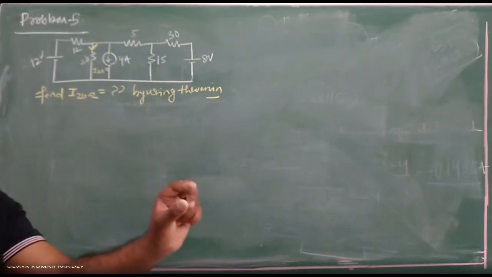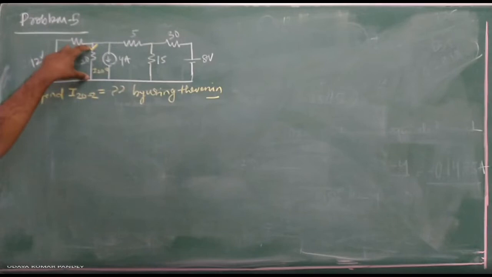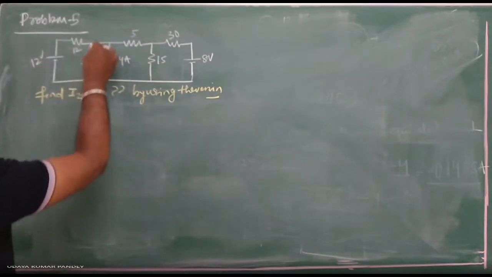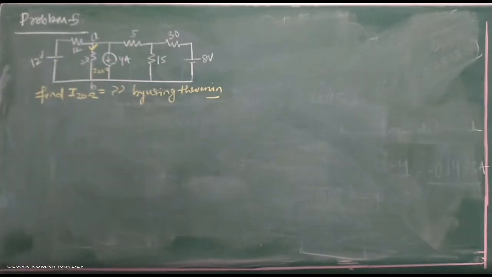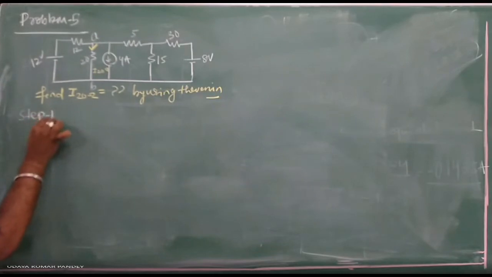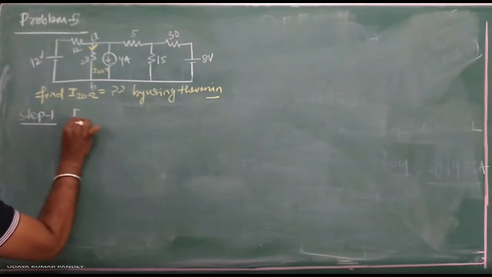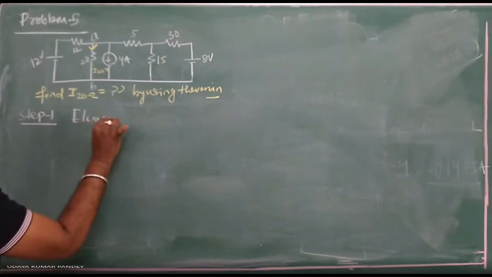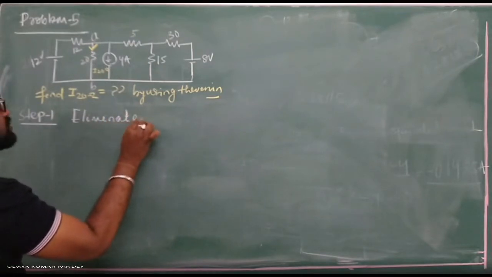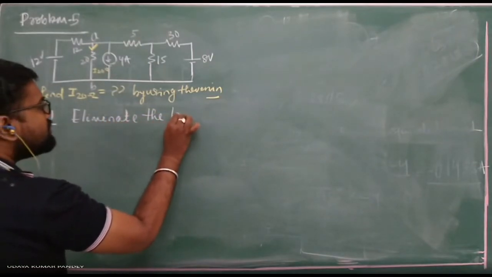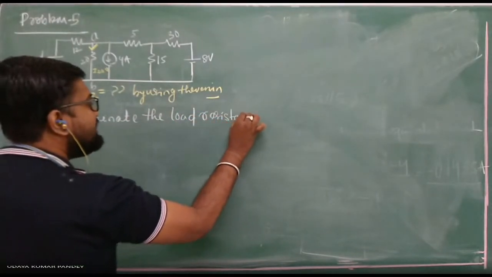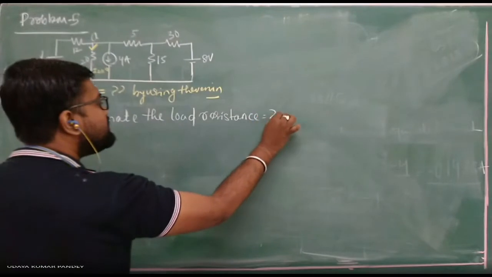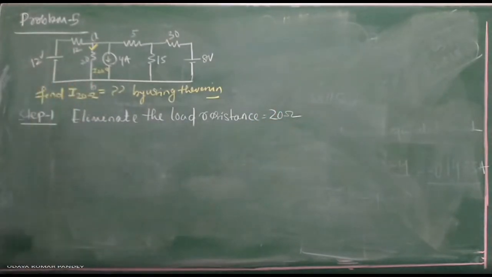पहले स्टेप 1 में मैं इसको एलिमिनेट करूंगा। अभी मैं इसमें करंट पूछा हूं तो ए पॉइंट और बी पॉइंट ये दोनों हो जाएगा, हाँ कि नहीं? तो स्टेप 1 में मैं क्या बोलूंगा? आपको बोल रहा हूं कि एलिमिनेट the load resistance, value is given, that is equal to 20 ohm, okay?